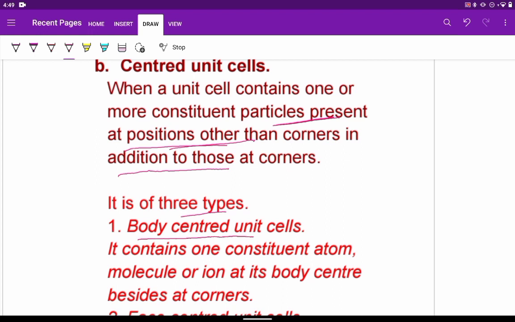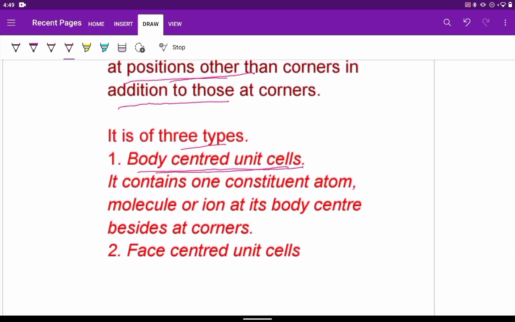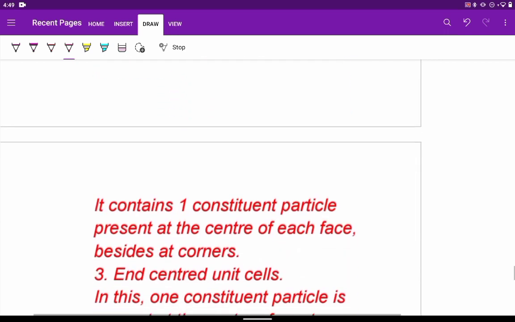First is body centered: there will be one constituent atom, molecule or ion at the body center, besides those at the corners. Second is face centered: there will be one constituent particle at the center of each face, other than those at the corners.